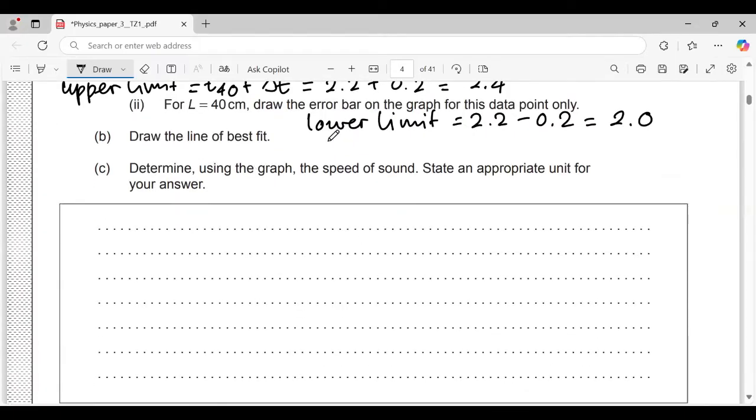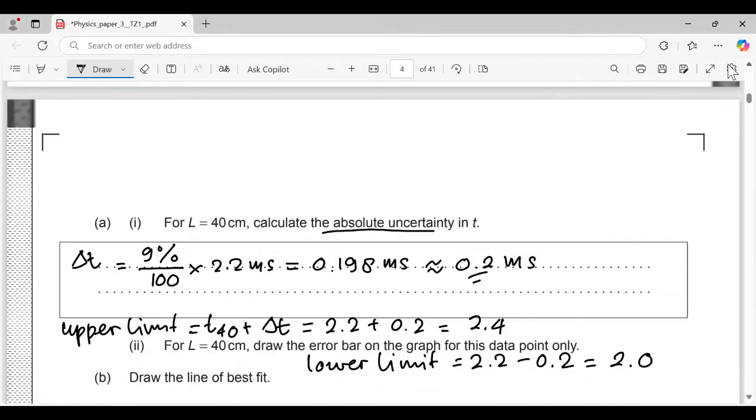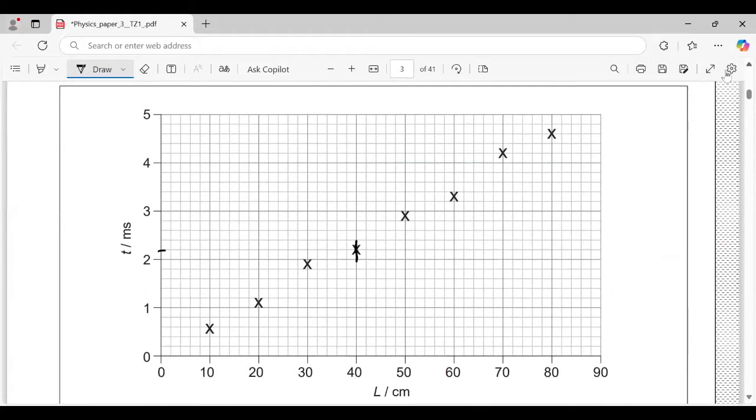Draw the line of best fit. If we create a straight line to represent this scatter plot, we can sketch a straight line from the initial point to the final point.